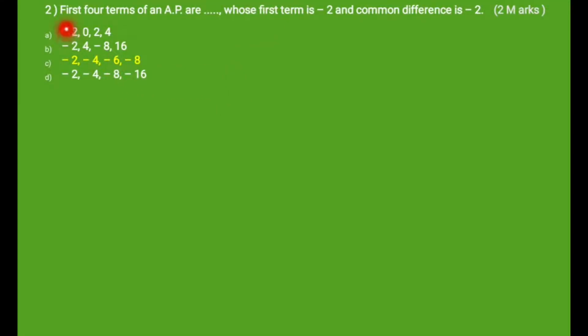Now see the second question. First four terms of an arithmetic progression are... The first term is -2 and the common difference is -2. We have to find the first four terms of the arithmetic progression.